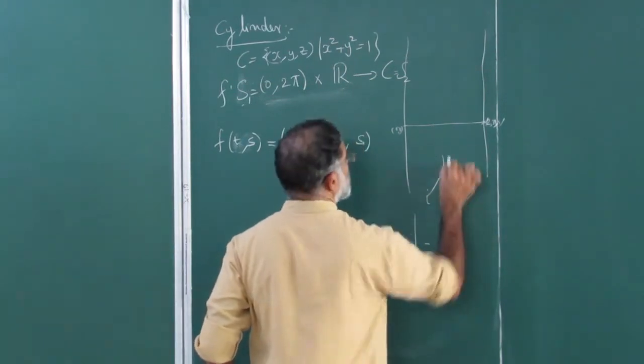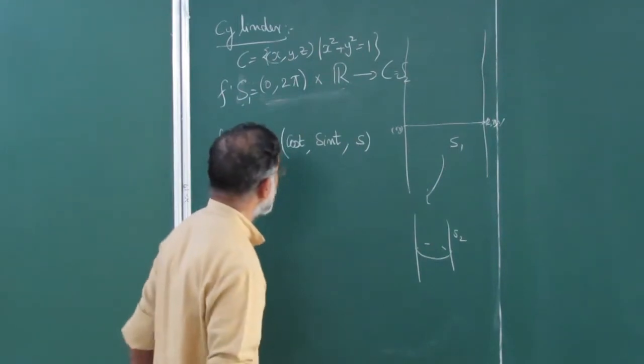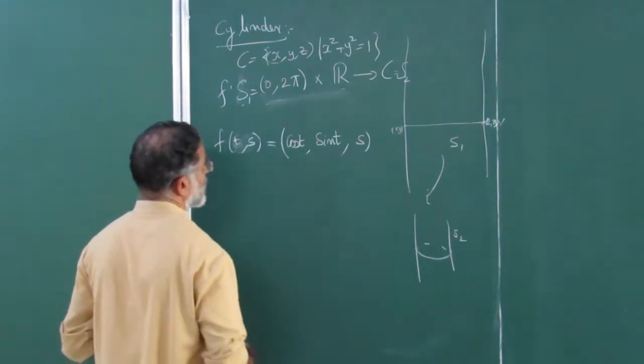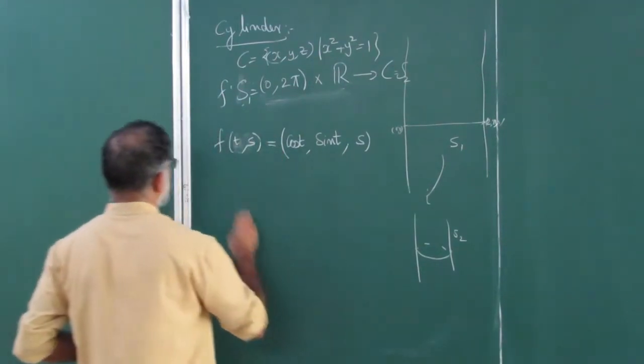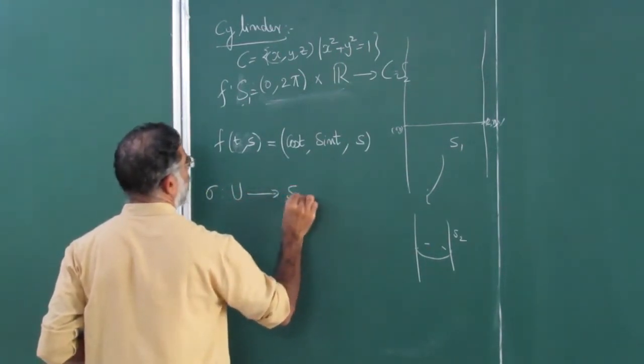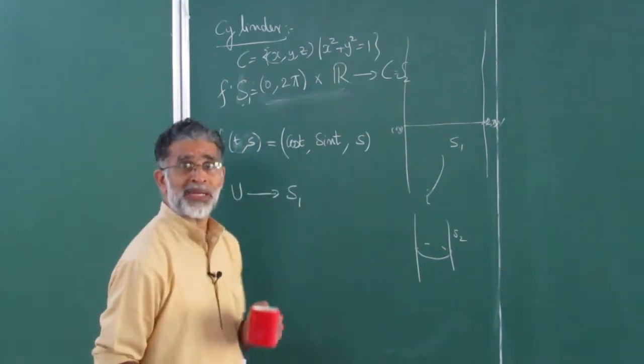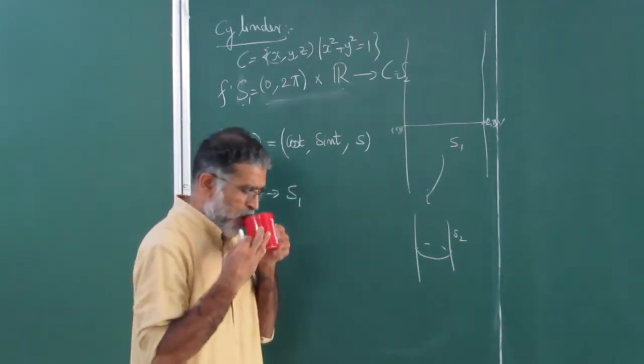So now let's take any surface patch. Let sigma from some open subset of R2 to S1 be a surface patch. We have to do it for all surface patches, by the way, so you can't just do it for one.